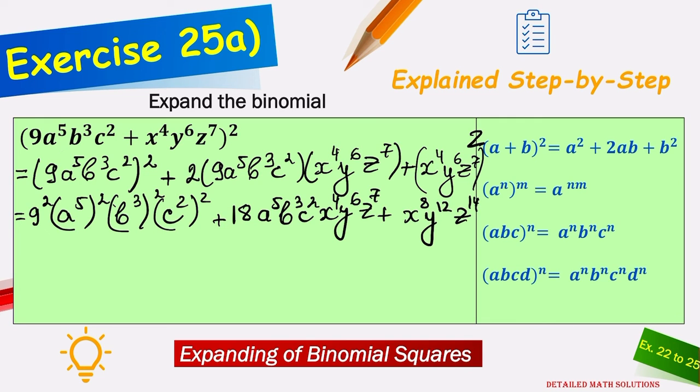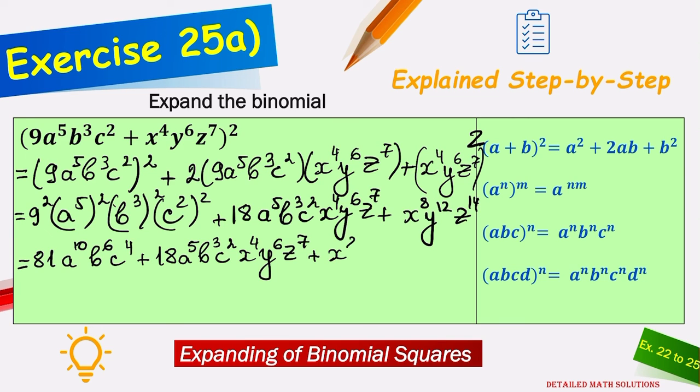I distributed the exponent, directly multiplied, and got the exponents. Then what's left is to simplify our first term, which is 81 a^10 b^6 c^4, plus 18. We just need to rewrite the rest of the expression: a^5 b^3 c^2 x^4 y^6 z^7, plus x^8 y^12 z^14.